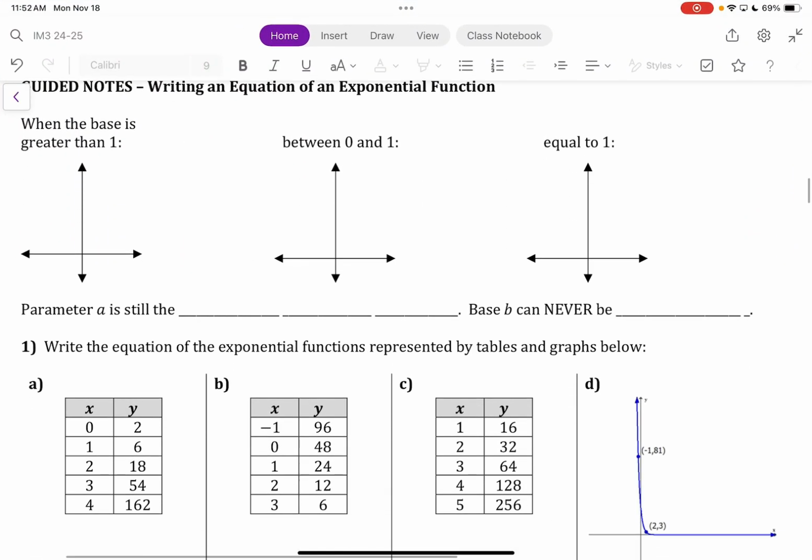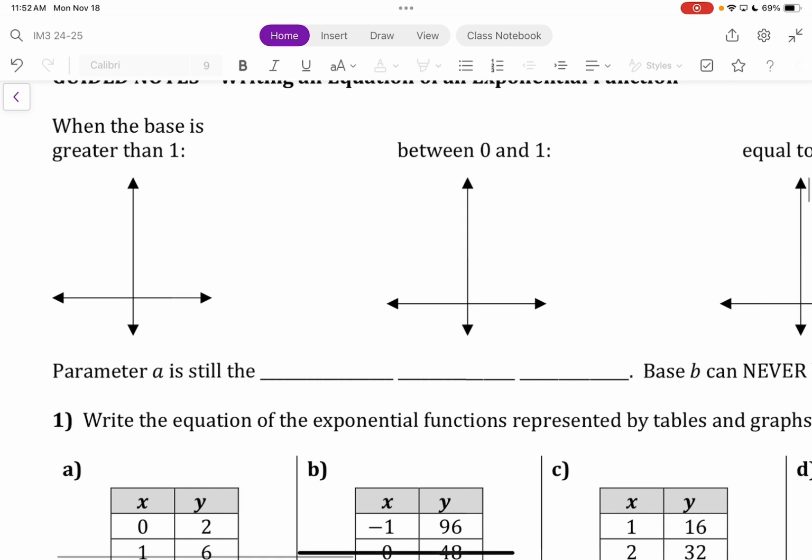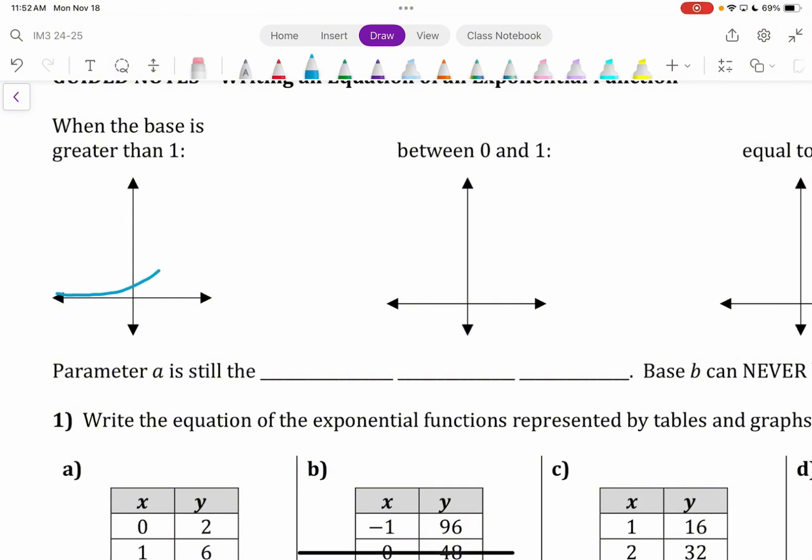And I'm going to have you guys write this down now. So what did the graph look like when the base is greater than 1? Anytime your base is greater than 1, it will look like an exponential function. It goes from really, really small to really, really big, so something like this. Please notice how I am graphing this.